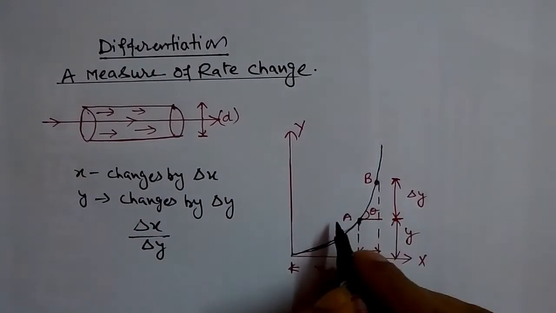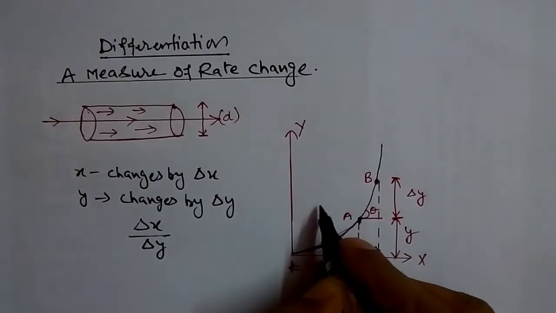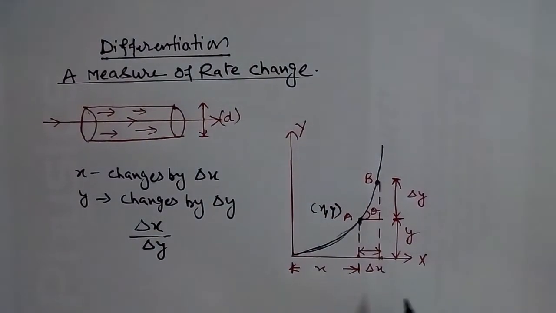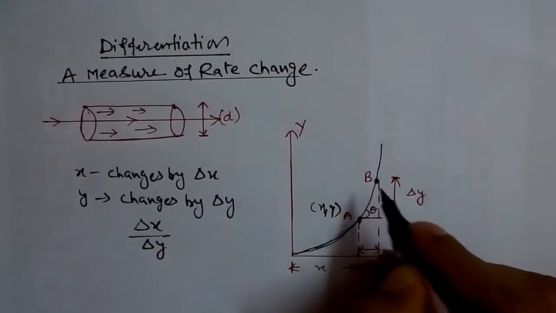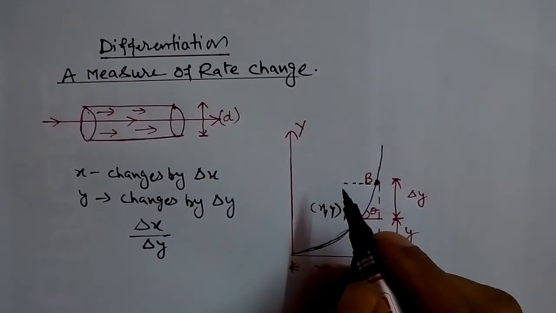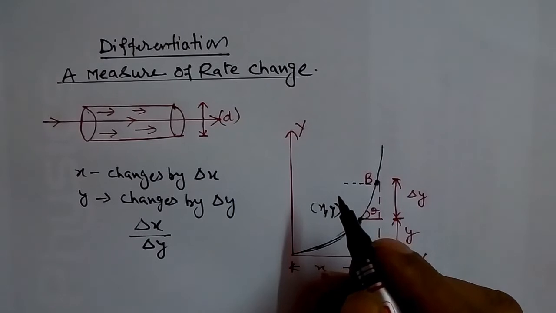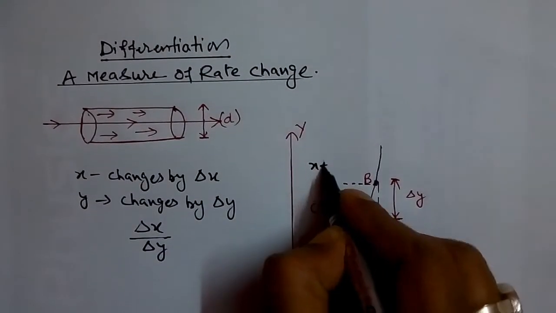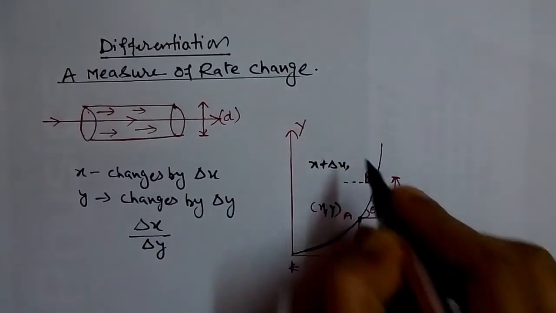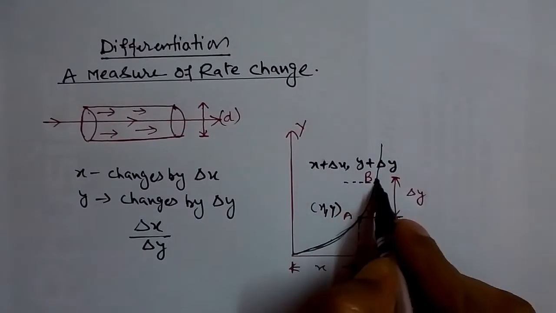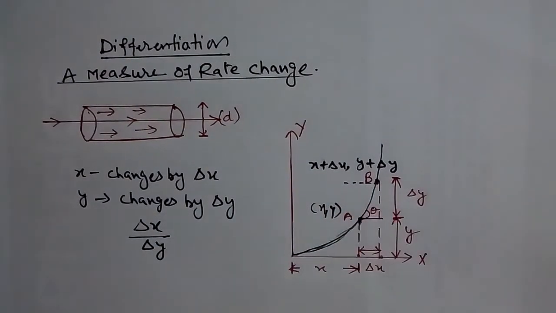The coordinate of the point A will be x comma y, and similarly the coordinate of the point B will be x plus delta x and y plus delta y. So this is the coordinate of the point B.